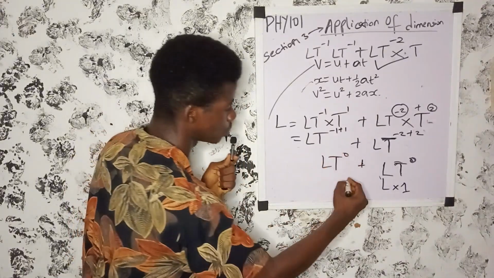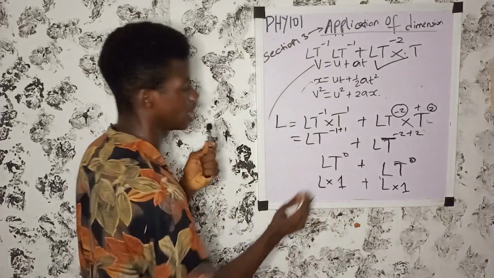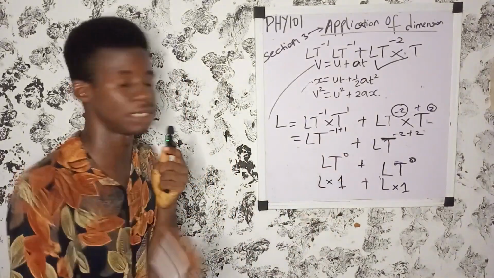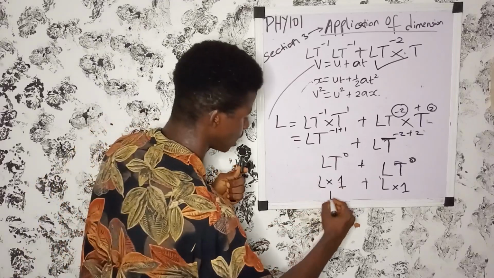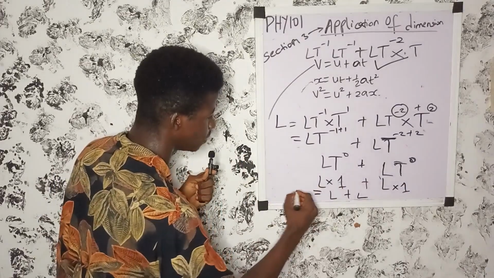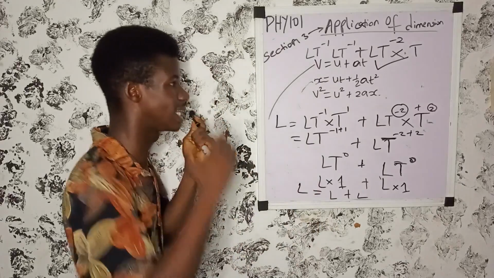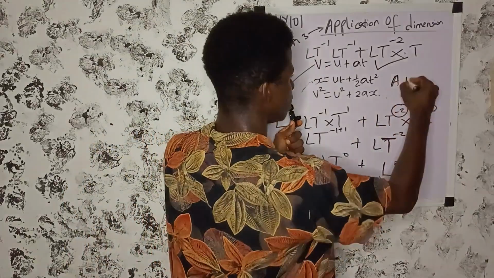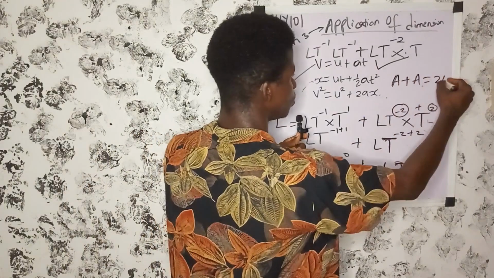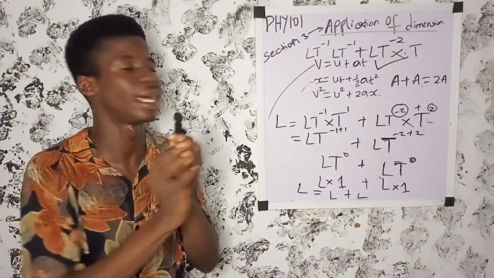T raised to power 0 will give us 1 as well. So times L. Anything times 1 will give you that same thing. L times 1 will give us L. Then plus L times 1 will give us L. So the total thing we have here is what? Okay, now let's continue. I told you guys earlier that A plus A is equal to 2A.